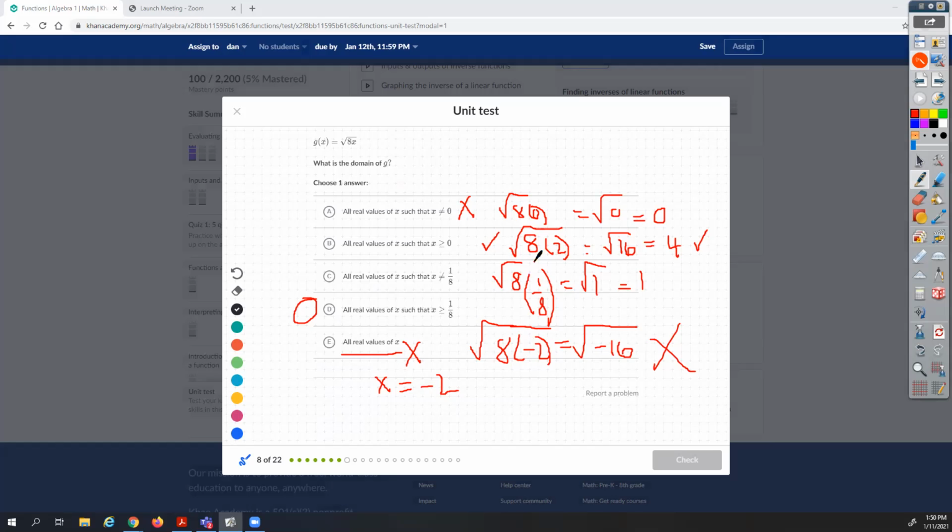So this one will work, this one is not going to work, and this one will work as well. But if you look between B and D, it says X is greater than 0. Isn't 1/8 less than 0? Yeah, right? So according to this, I see the better option will actually be D.